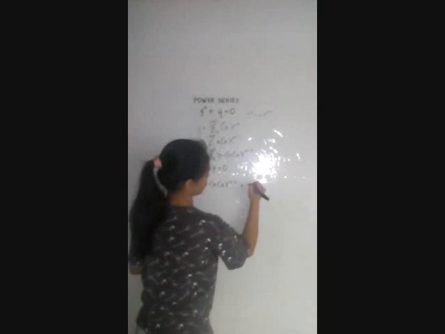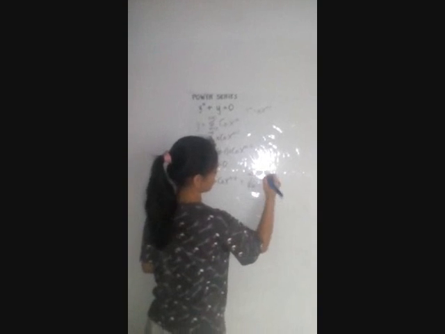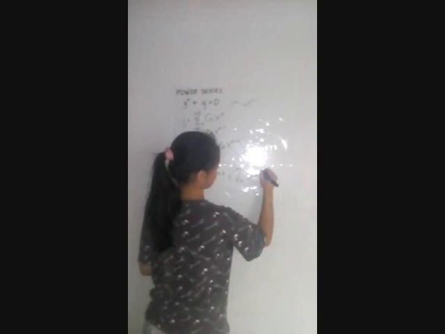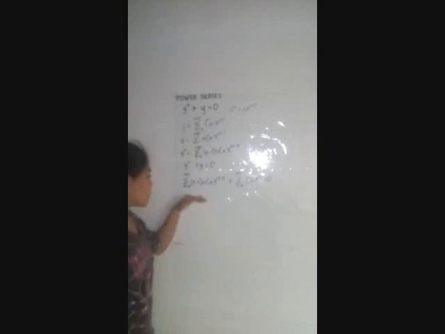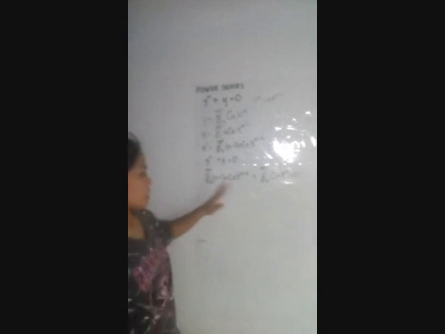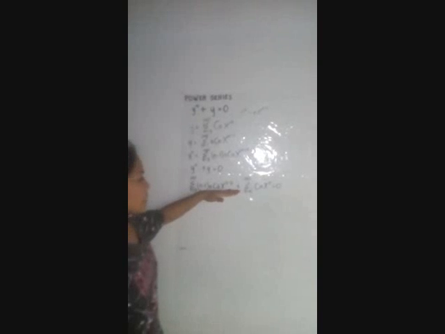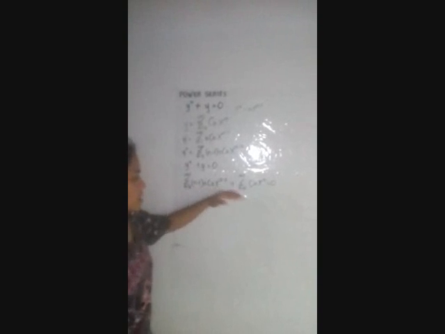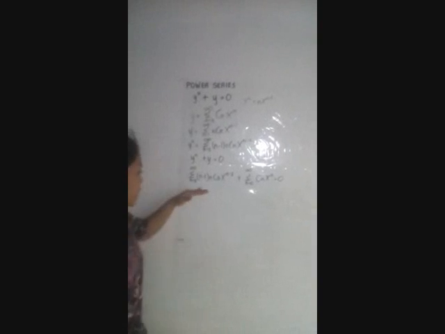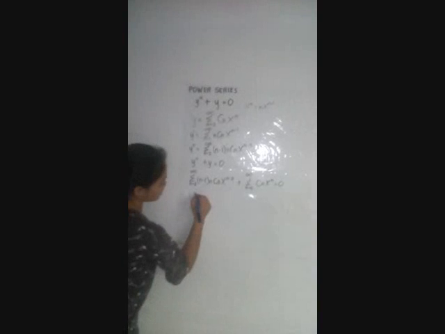We will notice that the index n is not similar, and also the power of x is not similar. So to make it similar, we will minus 2 in here, so it will become 0.